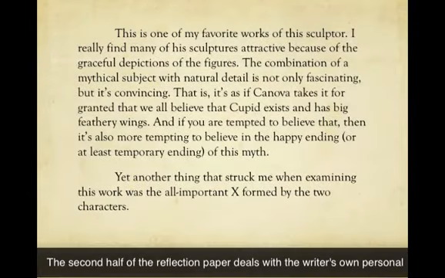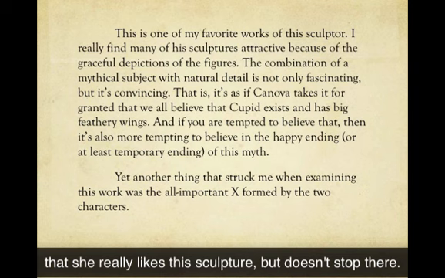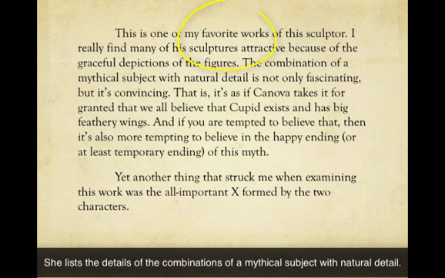The second half of the reflection paper deals with the writer's own personal reflections and ideas about this particular sculpture. The writer states that she really likes this sculpture, but doesn't stop there. She lists the details of the combination of a mythical subject with natural detail.